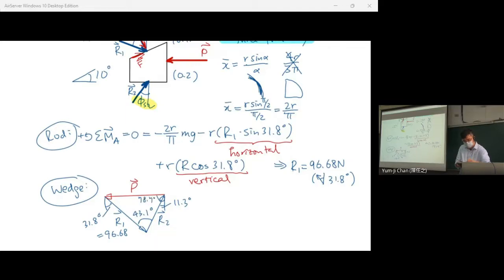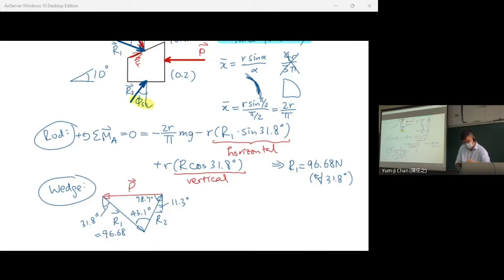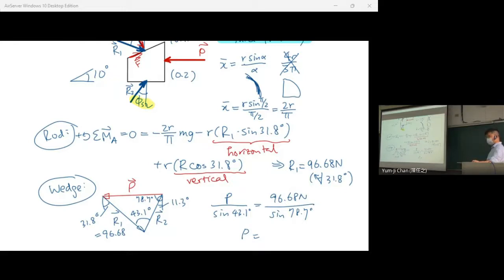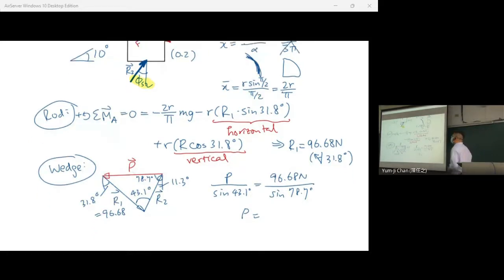So P over sine 43.1 degrees is equal to 96.68 Newton divided by sine 78.7 degrees. So you can get P. It's okay. So the problem is done like this.